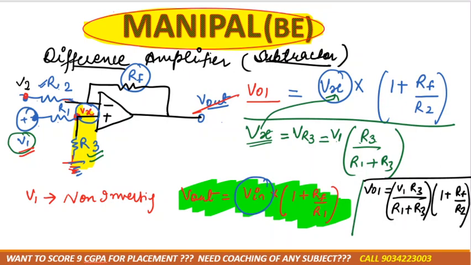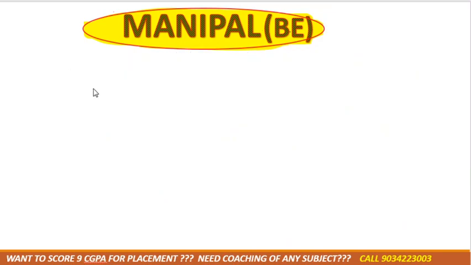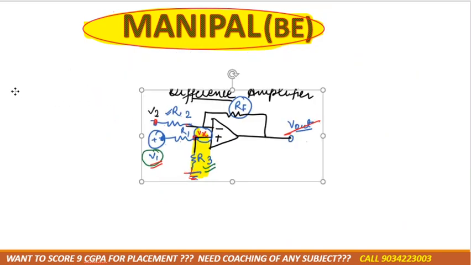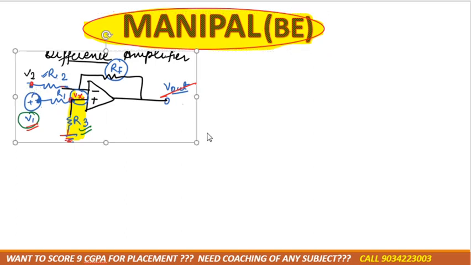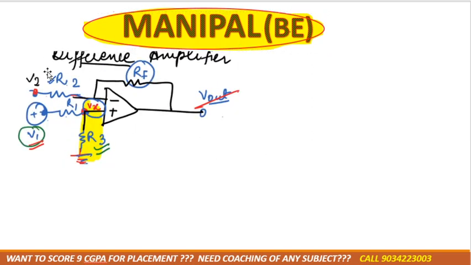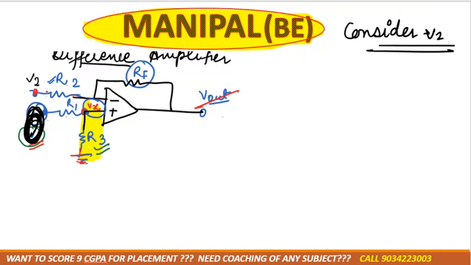As you can see, voltage V2 is connected to the negative terminal or the positive terminal? Now consider, remove V1. So negative terminal means the inverting amplifier or the non-inverting amplifier?